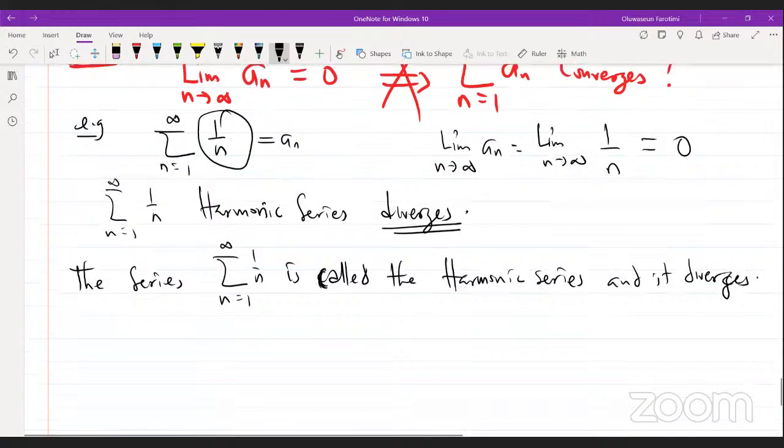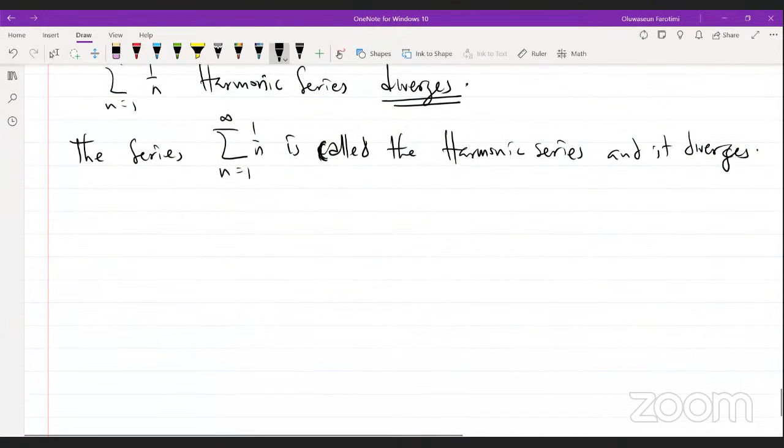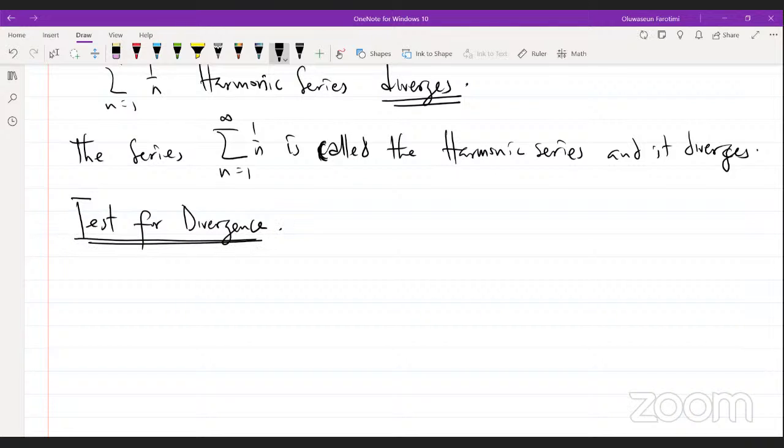All right. So now we can comfortably talk about what we call the test for divergence, or what is called the divergence test. We don't call it the test for divergence test. Okay. So what is this divergence test?